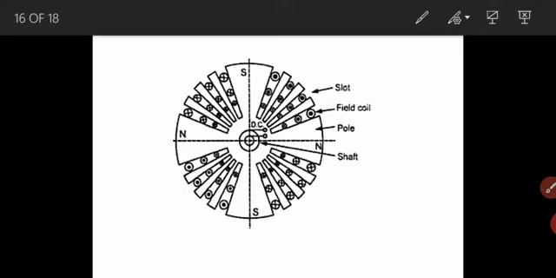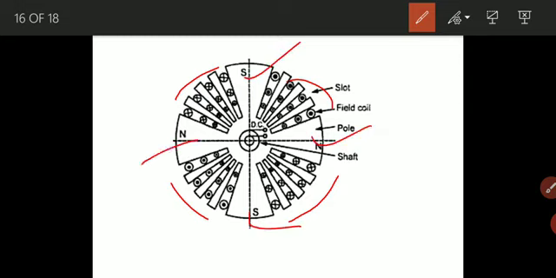In the cylindrical type, you see slots provided between the poles. These are the poles, and in the slots, field coils are mounted.